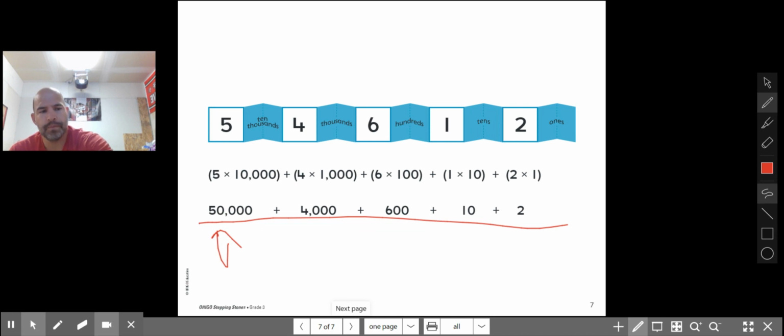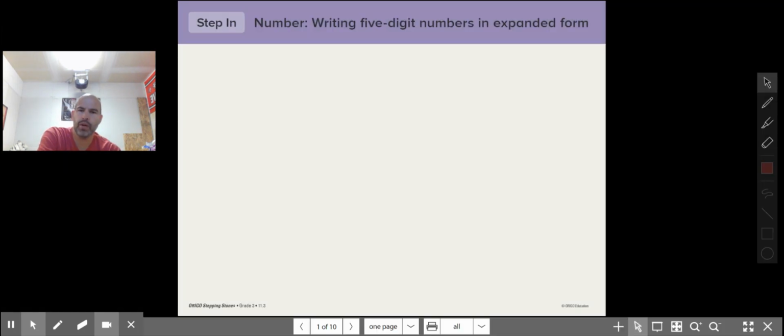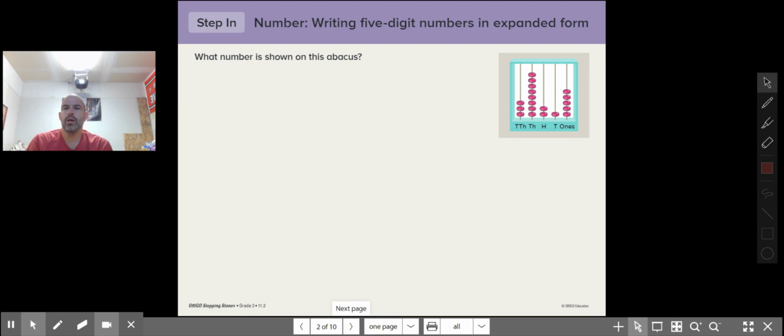Okay, now let's go ahead and jump into our step in discussion. All right, I think this will be helpful for you, so I'm going to go ahead and do this with you today as well. Okay, so what number is shown on this abacus?